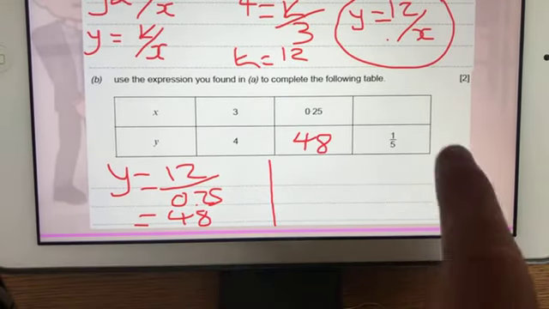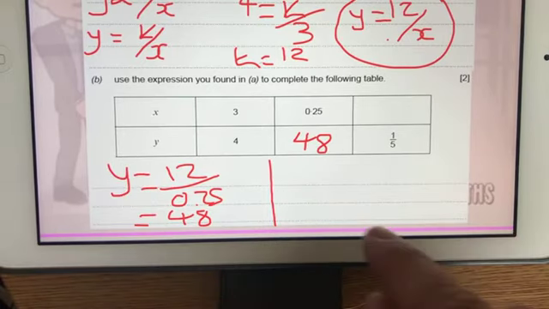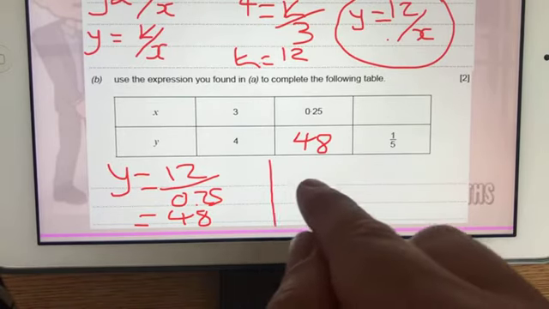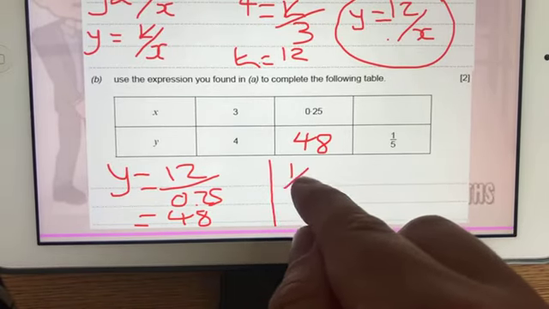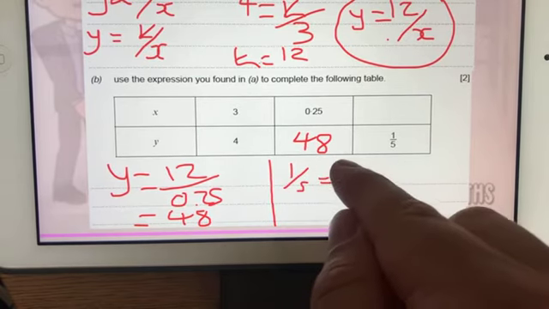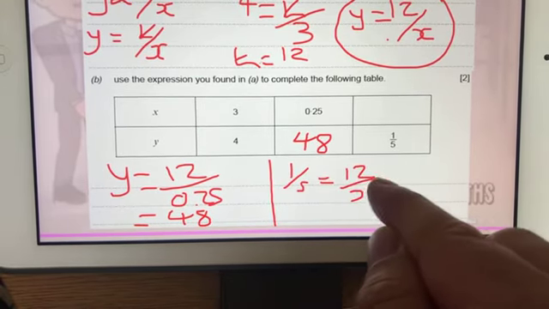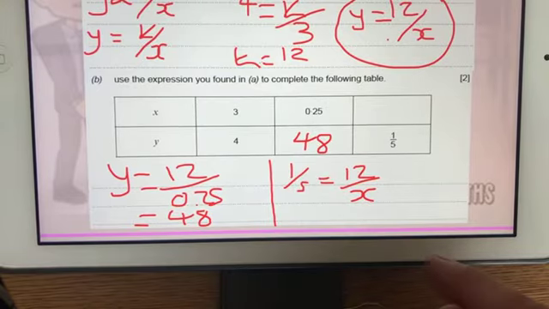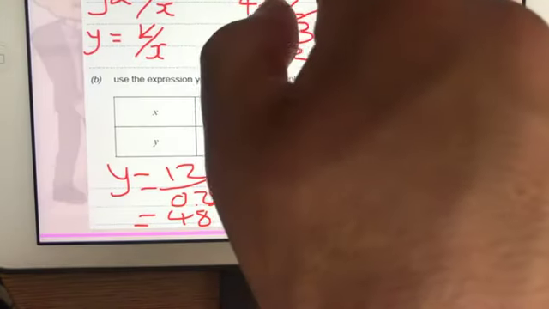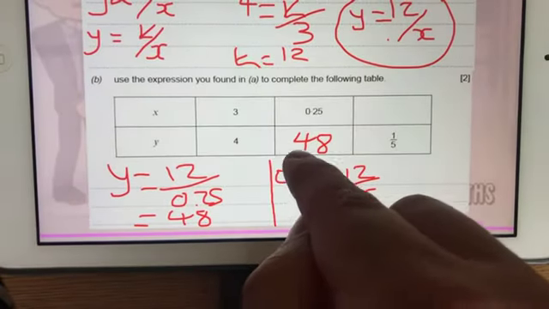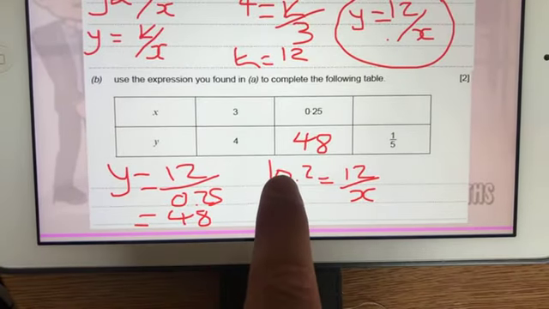Again, on the next one, when y is a fifth, what's x? So 1 over 5 equals 12 over x. I'm going to change that fifth to 0.2. The nice thing about solving equations is you can just swap those two around.